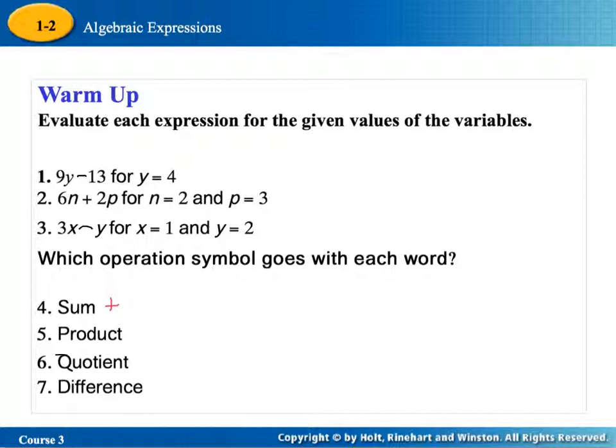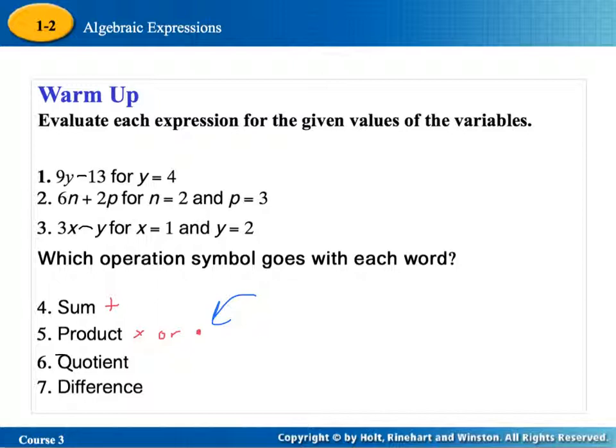Addition. Product is next. What type of examples are we going to be dealing with for product? It's going to be multiplication, or you have your raised dot, which we are going to be using here in pre-algebra. Quotient is one that's a little bit more rare.